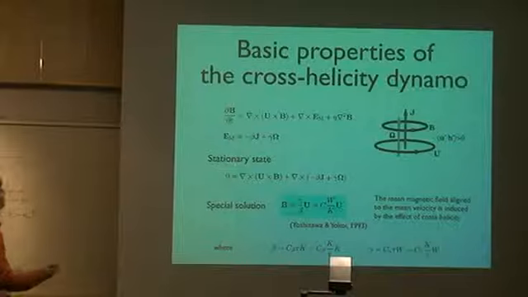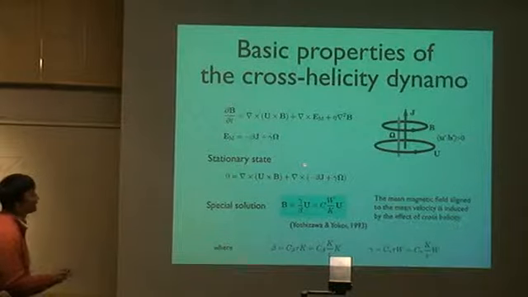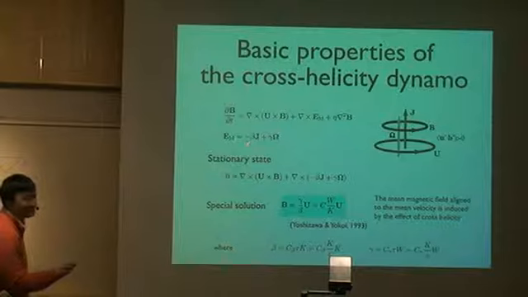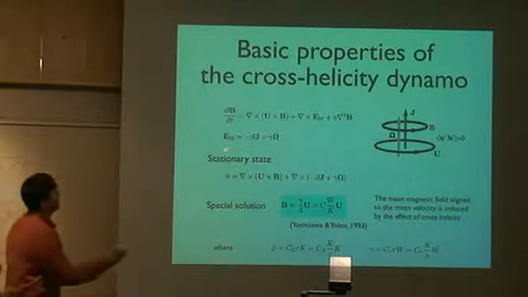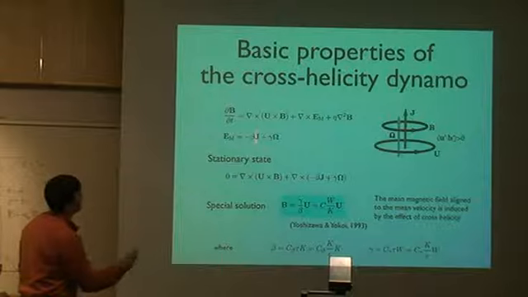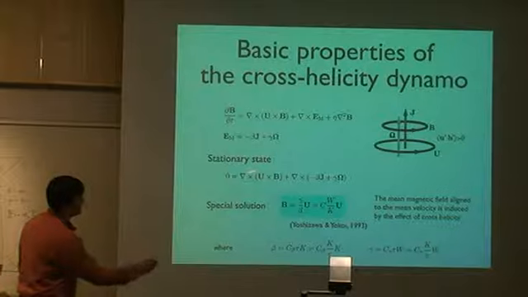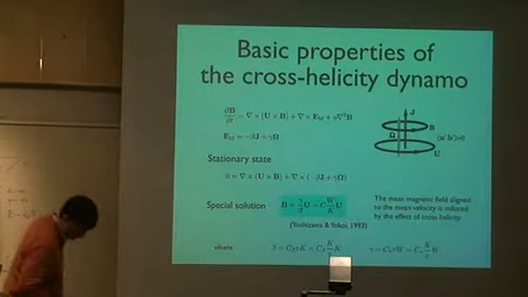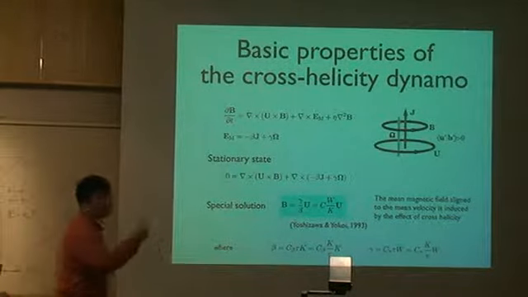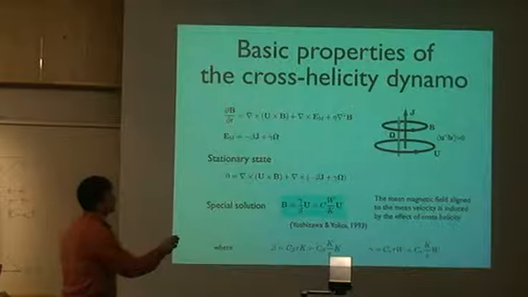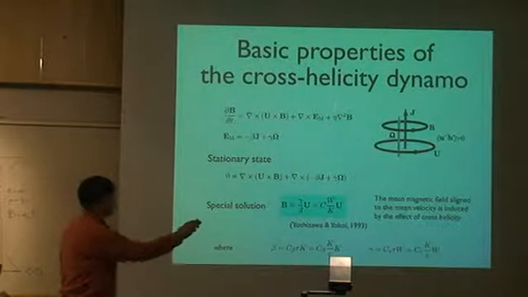Then we consider the basic property of the cross-helicity dynamo. We dare to neglect the alpha effect and only consider this limit case. Substituting this into this, if we consider a stationary state, then we have an equation like this. We also consider the very strong turbulence case, so compared to this beta effect, eta can at first be neglected.